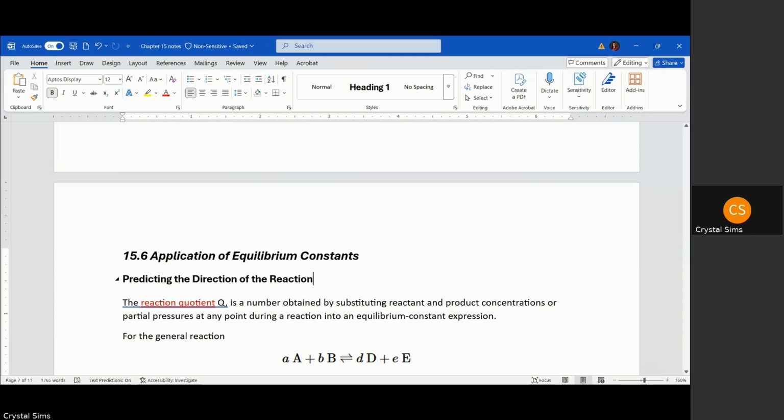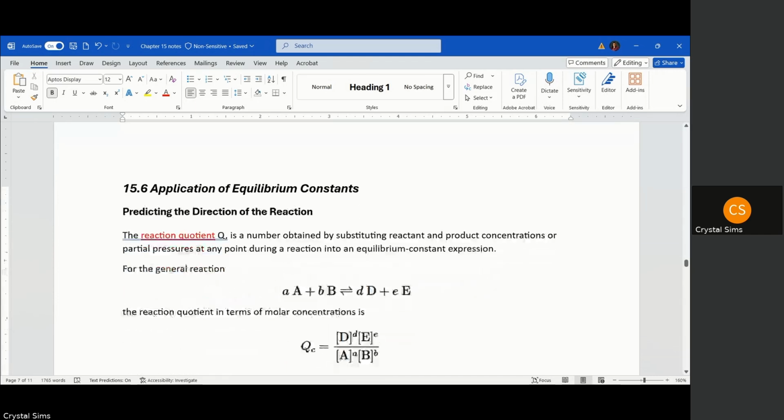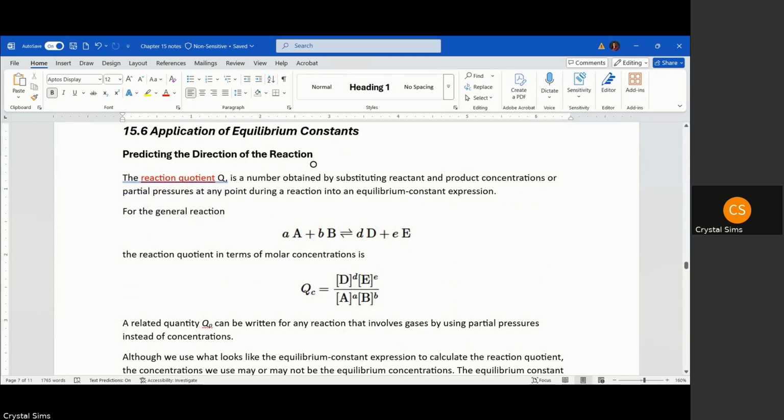So let's look at our basic equation. We can write our Qc, our reaction quotient in terms of molar concentrations, and here is the expression for that.